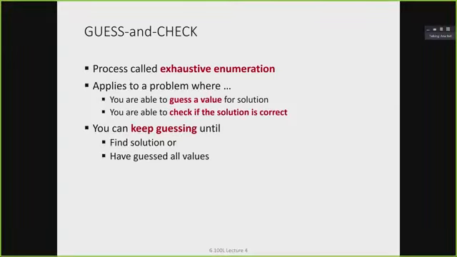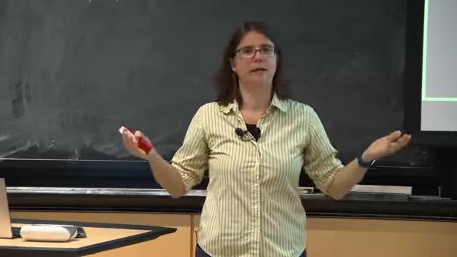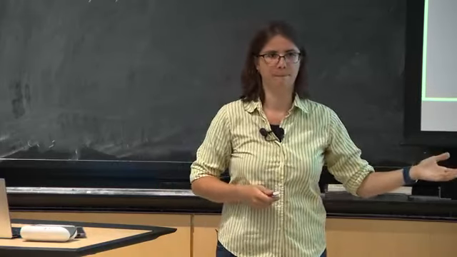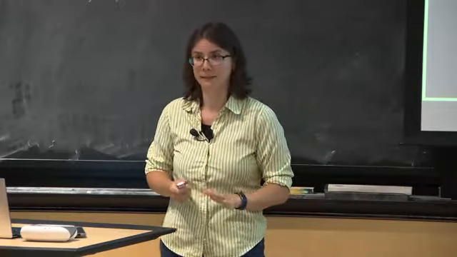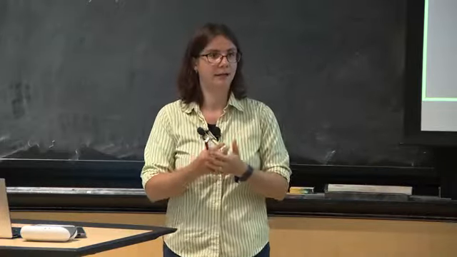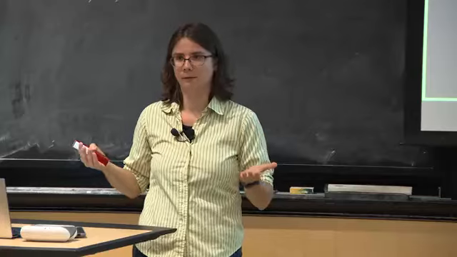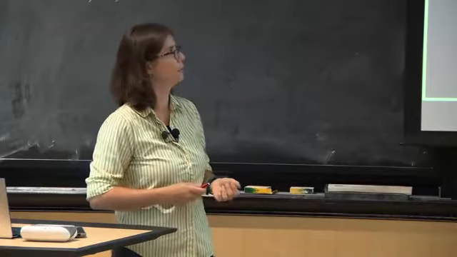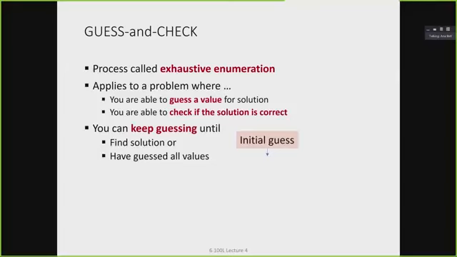So either we find the solution or we say we weren't able to find a solution to this problem. Doesn't mean that one doesn't exist. It just means that with guess and check and exhaustively enumerating all these possible values, we were not able to find a solution. So in terms of a flowchart, the way this looks is we have an initial guess.